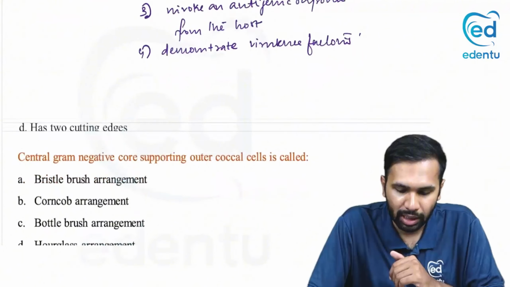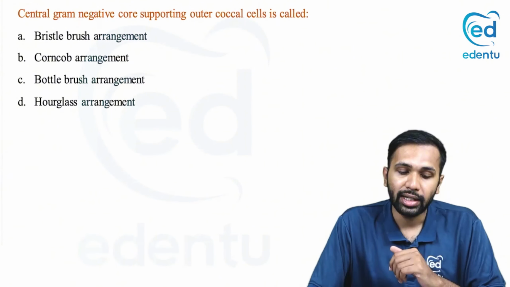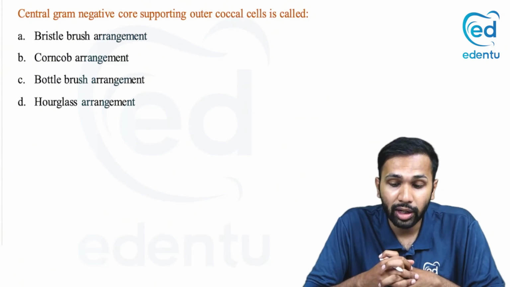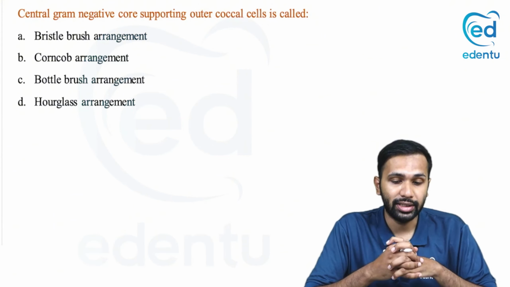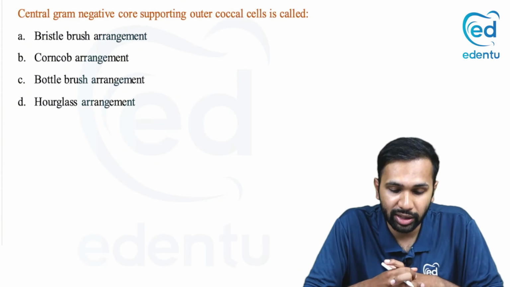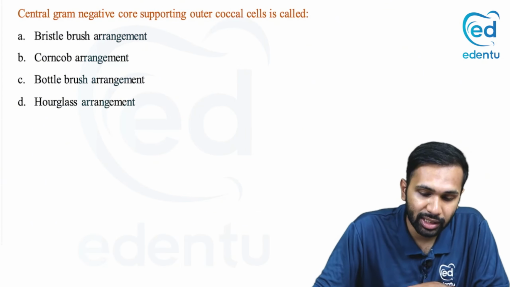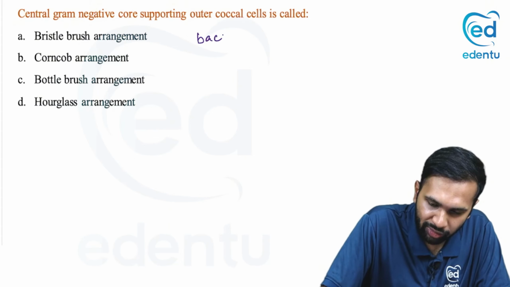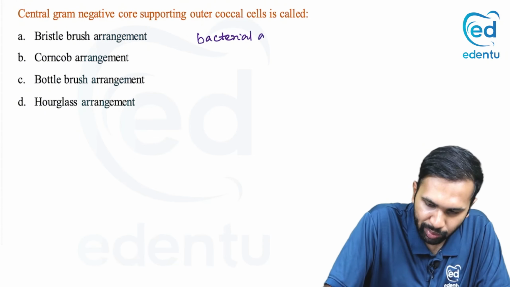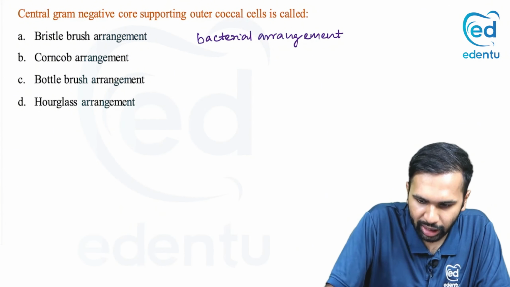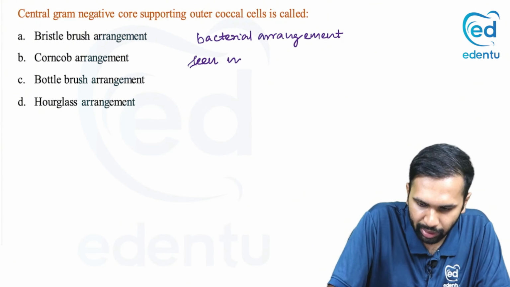Right? Coming to the next question, a central gram-negative core supporting outer coccal cells is called as a central gram-negative core supporting outer coccal cells. Right? This is a type of bacterial arrangement which is seen in plaque.